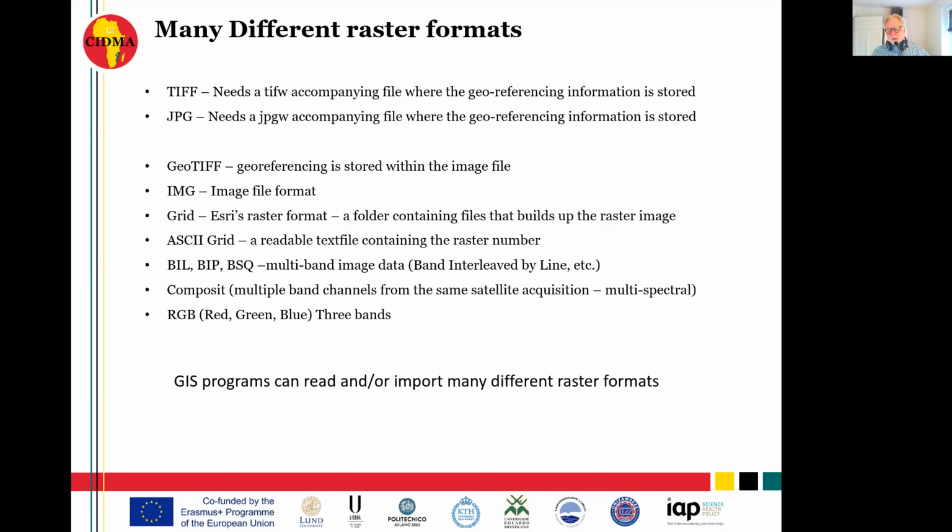So satellite data, in a multispectral sense, consists of many different images covering the same area, but each has the reflectance in its specific wavelength band. Therefore, there are some formats, for example, BIL, which is band interleaved by line.